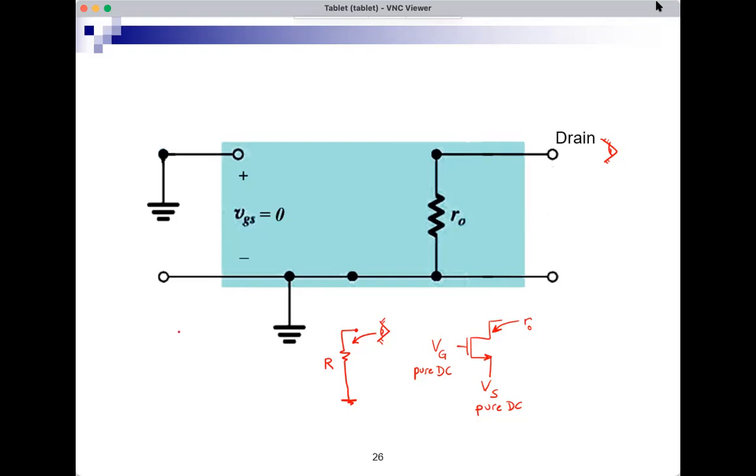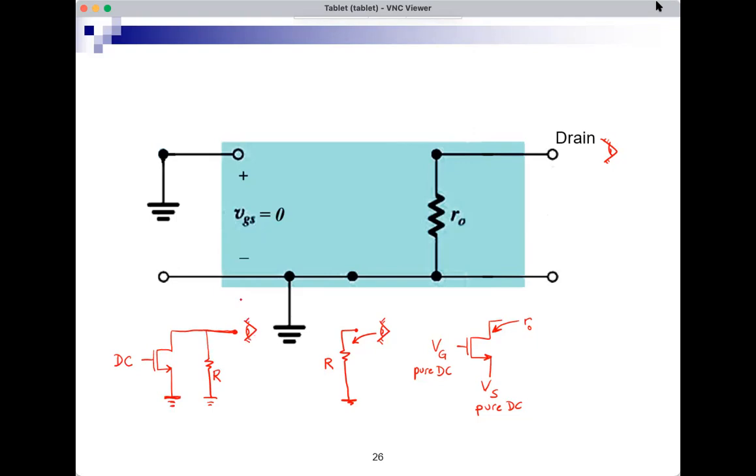And let's take a MOSFET, like this, with some DC voltage here and a resistor here, which is R. Okay, and my I is here.